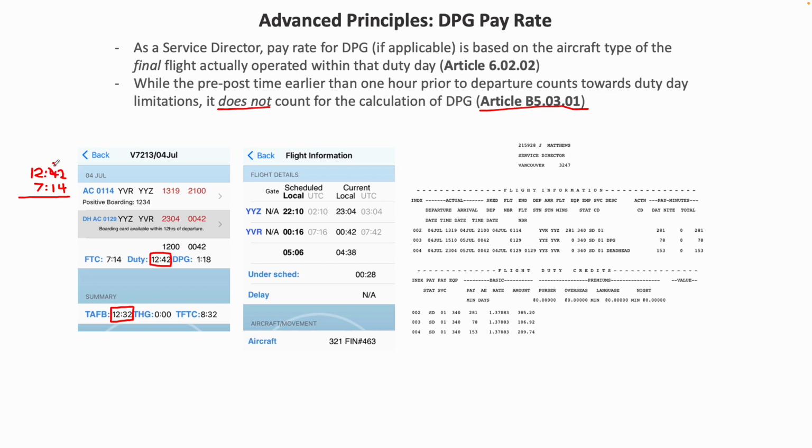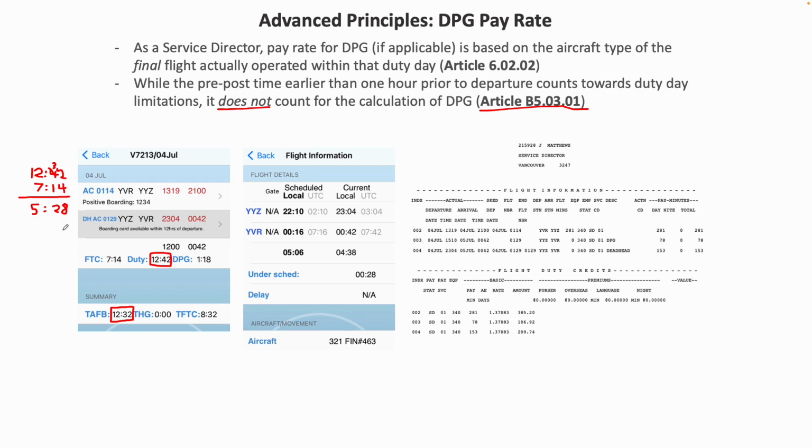So in this case, we would have a difference of 5 hours and 28 minutes between the length as far as the duty day limitations are concerned and what we've been paid in FTC.